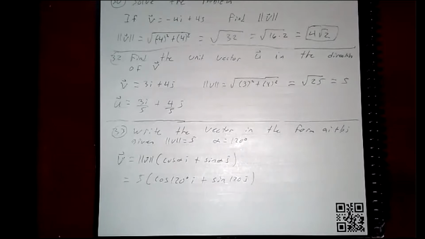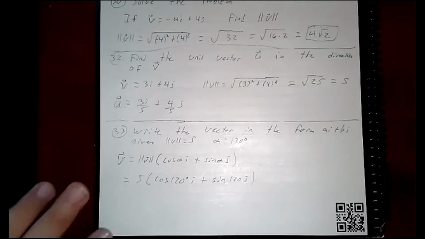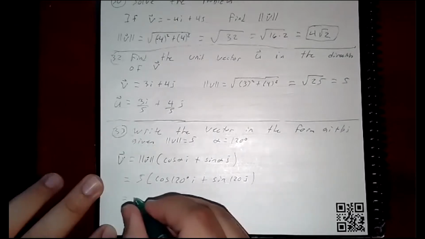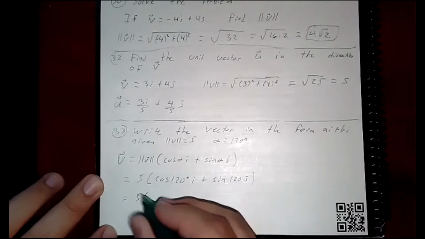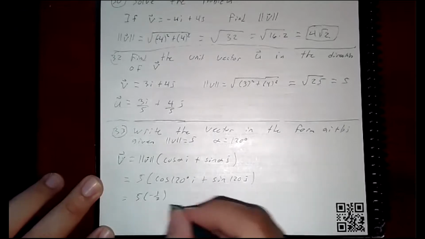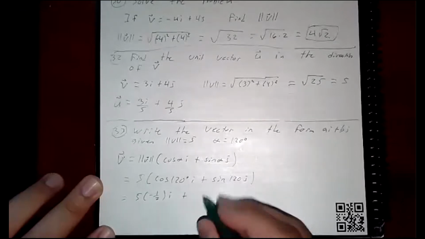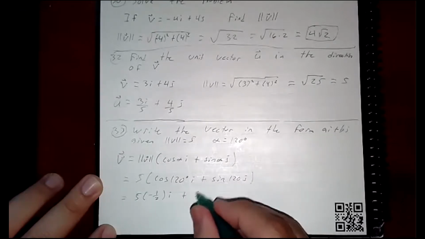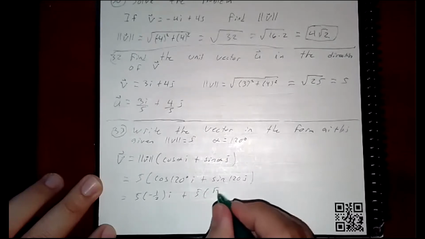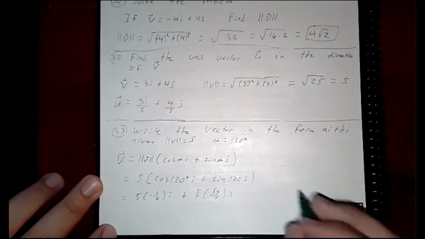So cosine of 120 is negative 1/2, 5 times a negative 1/2 i plus 5 times square root 3 over 2 j.